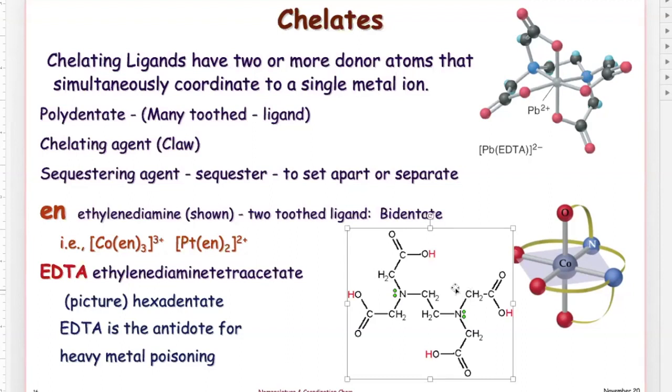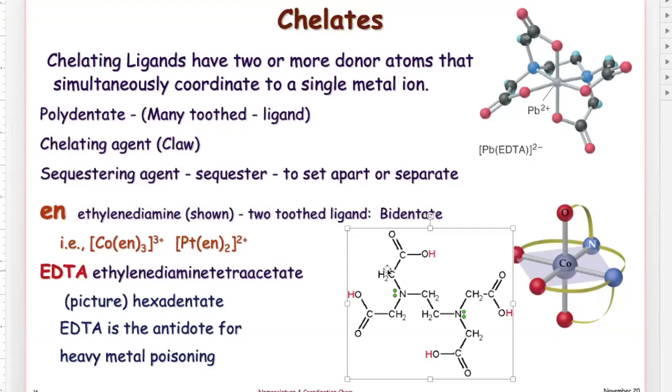That's why it's called EDTA. It's called ethylene diamine. This is the ethyl part: CH2, CH2, 2 carbons means it's got a prefix of eth. Diamine, because this is a nitrogen, and a nitrogen is like ammonia. And then tetra, meaning 4 acetate. These are the acetate ligands right here, or the acetate fragments.